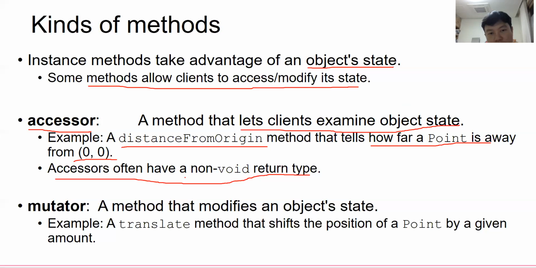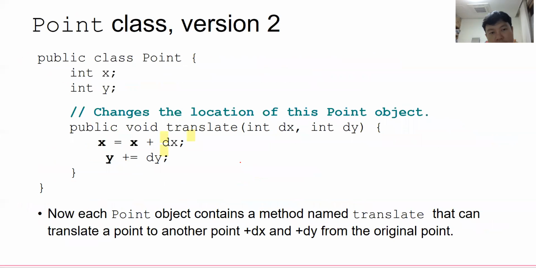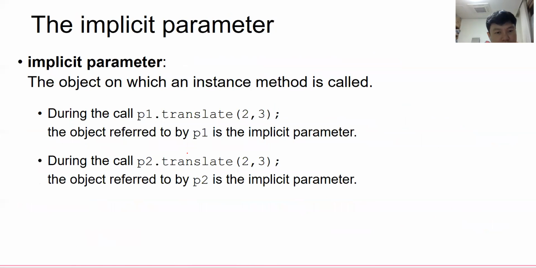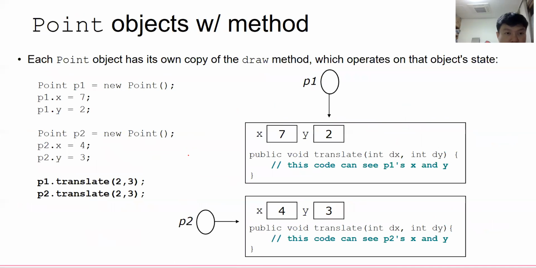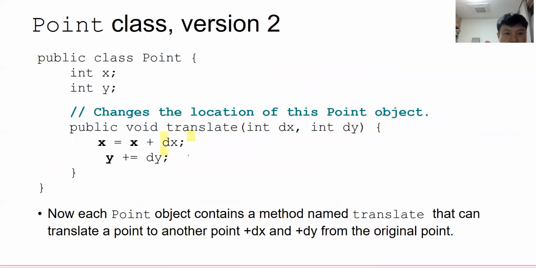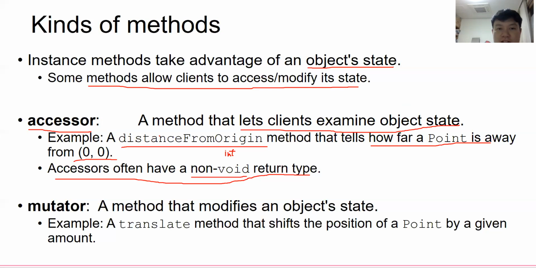So non-void. What is non-void? It can be like integer as the data type, or double and so on. If you have void, then it is not an accessor.